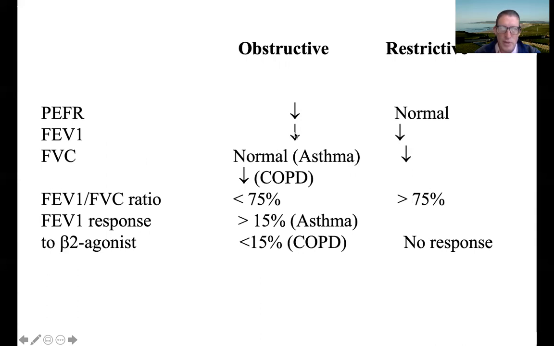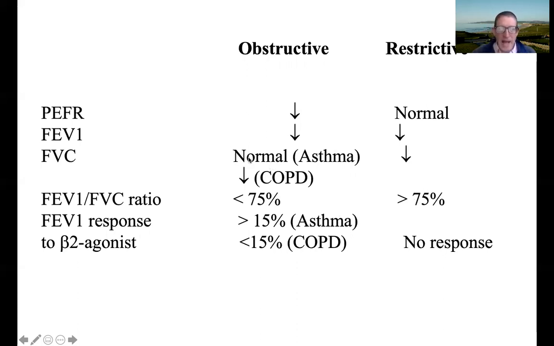The FEV1 is reduced in obstructive, but it's reduced disproportionately to the forced vital capacity. Whereas in a restrictive volume time curve, the FEV1 is reduced in proportion to the FVC. So they're both reduced, but the ratio of FEV1 to FVC is still at least 0.75 or 75%.